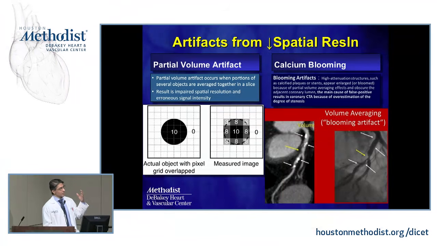Both the partial voluming and the calcium blooming are where we suffer on specificity, where we may suggest that there's a significant stenosis, but you take them to the cath lab, you see a stenosis, but it's not as bad as we say. It's because we tend to overestimate because of our spatial resolution being inferior to the cath lab.